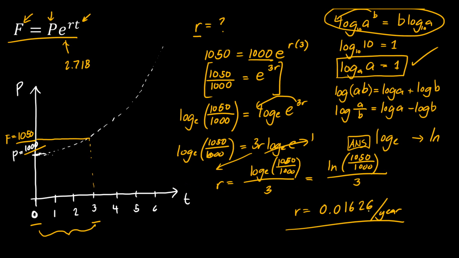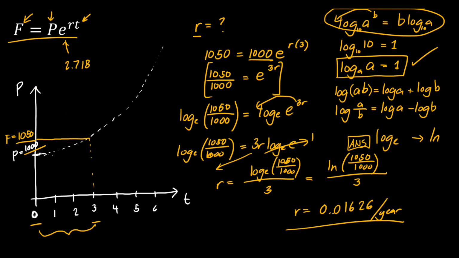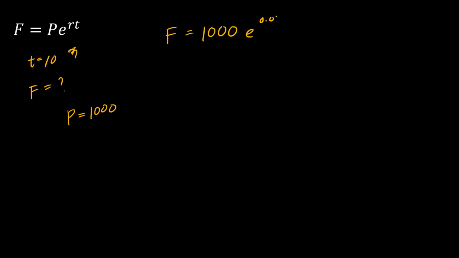Remember this. Usually there's a follow-up problem wherein, let's say, 10 years from now, what is going to be the population? You can still use the present population of 1000. So for the population 10 years from now, you know r, which is 0.01626 per year, and we want the population 10 years from now. 10 years, we can cancel years here.